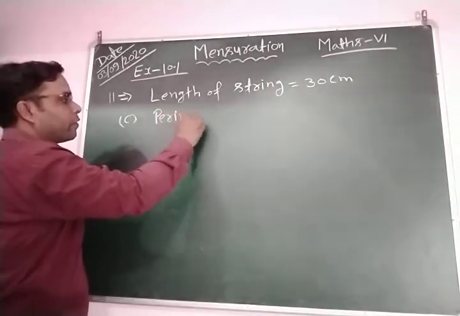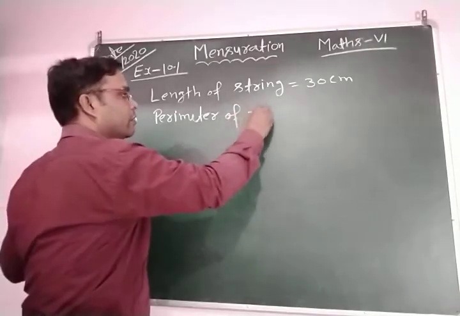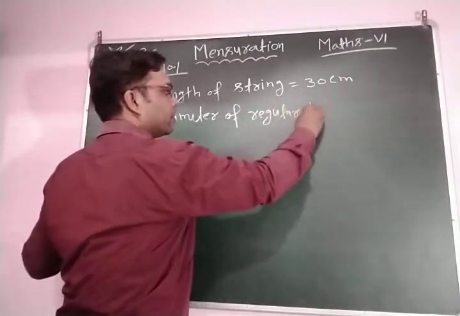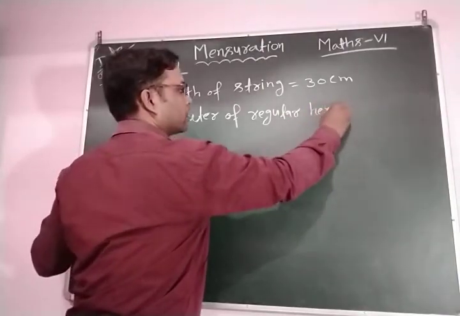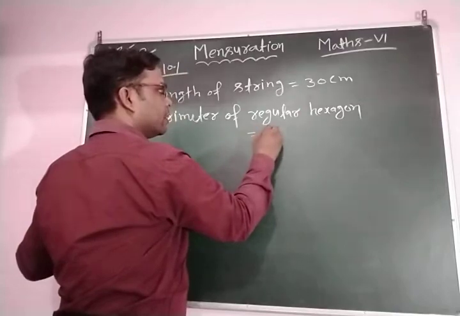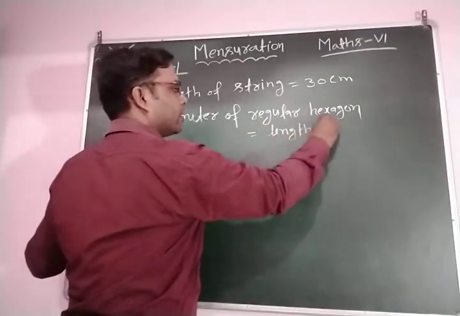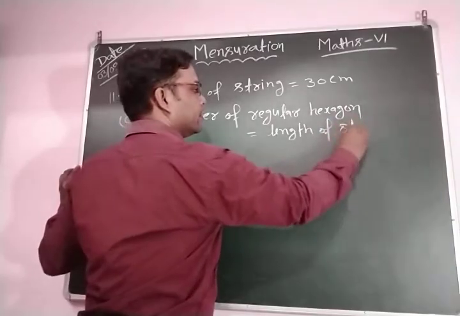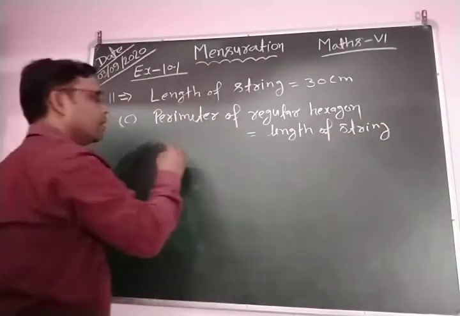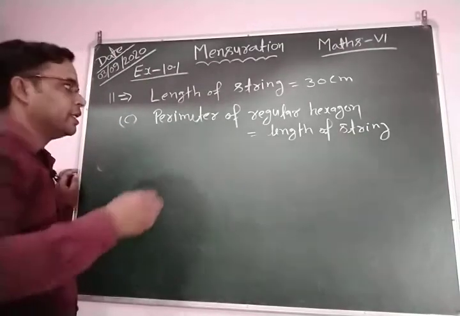Perimeter of regular hexagon is equal to length of string. Okay, and the perimeter of a regular hexagon, how can we find? 6 into length of side.